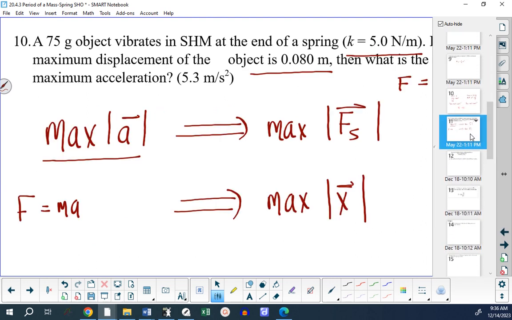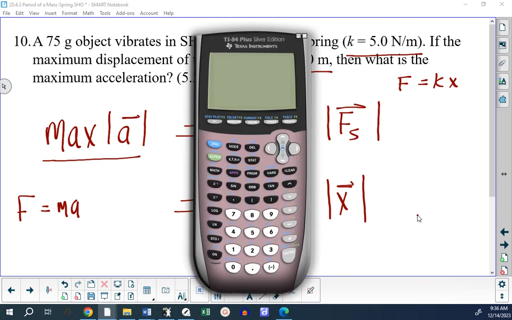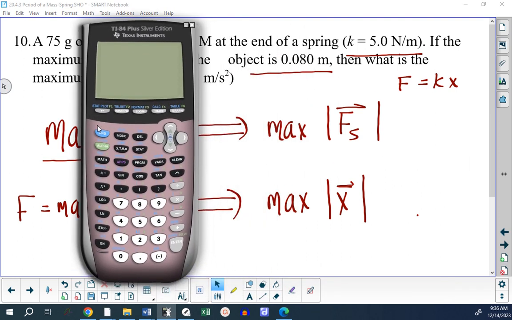are you fine, Ethan, with me just doing this on my calculator? Okay, so what would we get for the maximum force? We would have that spring constant of 5 newtons per meter times 0.08 meters.